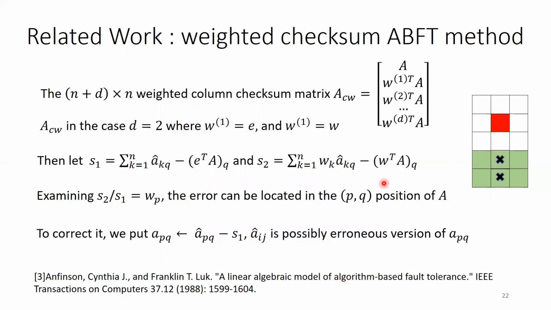If D is 5, 2 errors can be corrected, but the error detection and correction method is more complicated than our diagonal checksum method. Our diagonal checksum method is easy to implement.